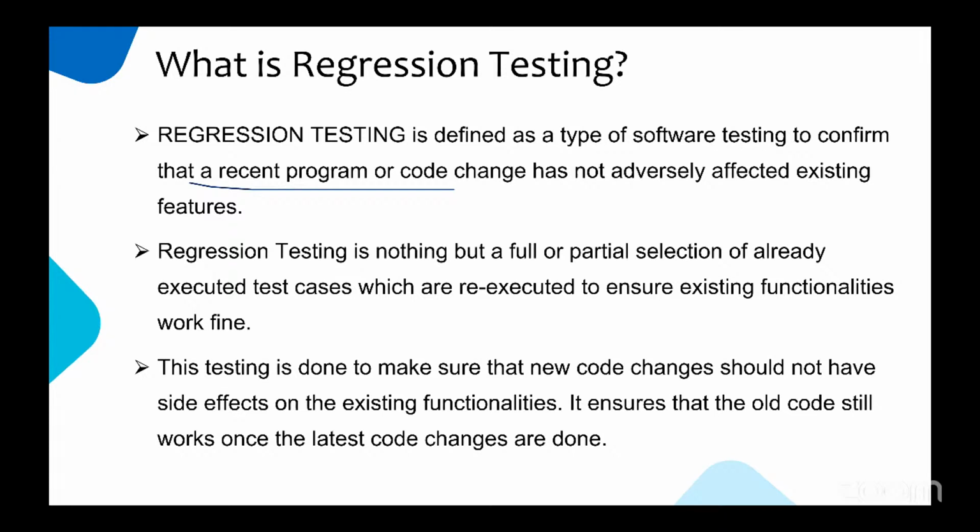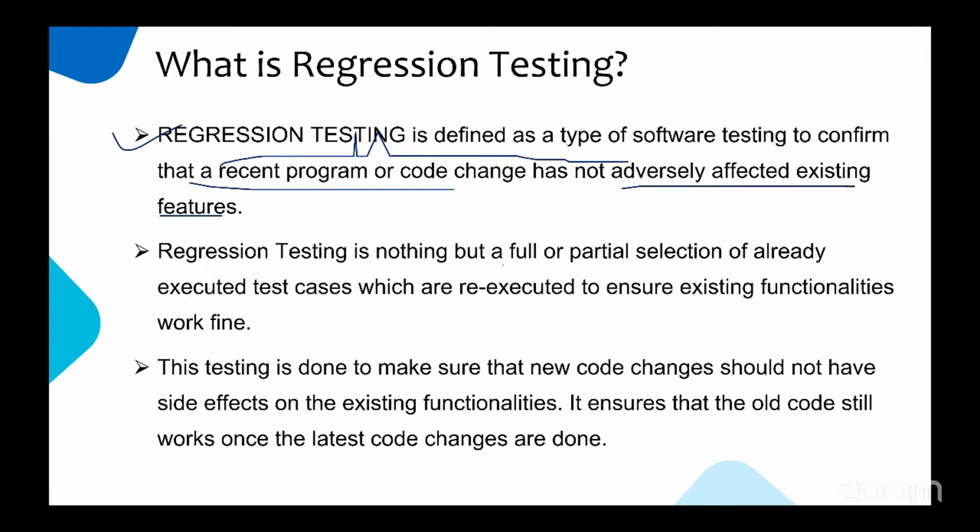It is a type of testing that checks that a recent program or code change has not adversely affected the existing features. Understand it? They made some changes in the code, and that doesn't affect the rest of the things which were already working. That is why we are doing regression testing. Of course, we will find the defects.